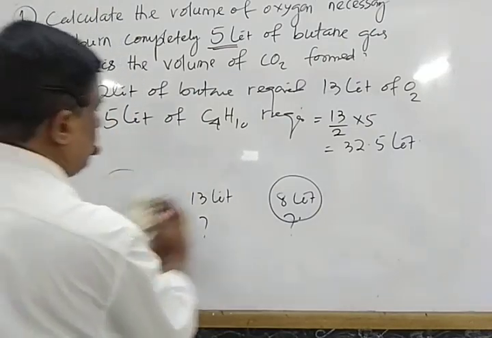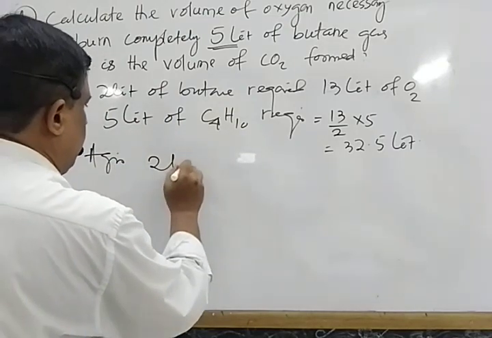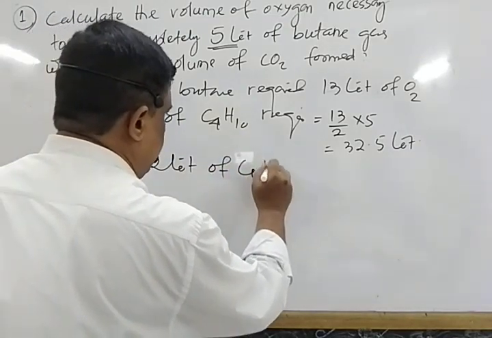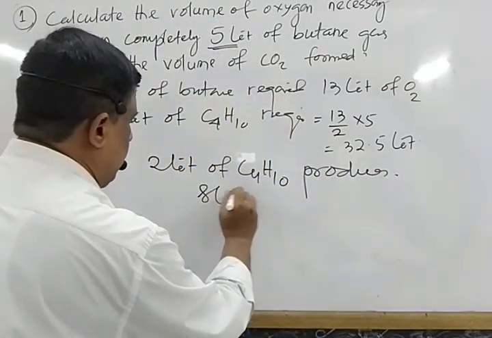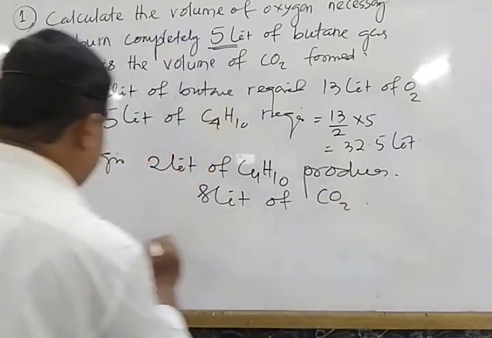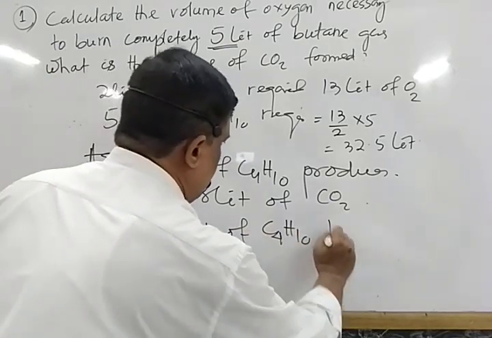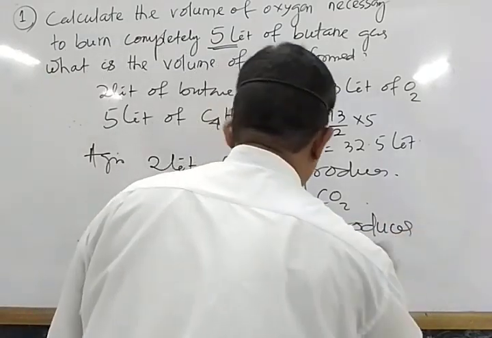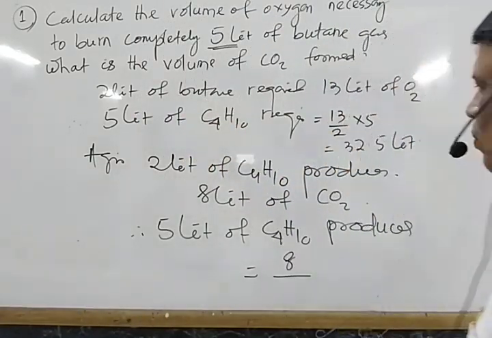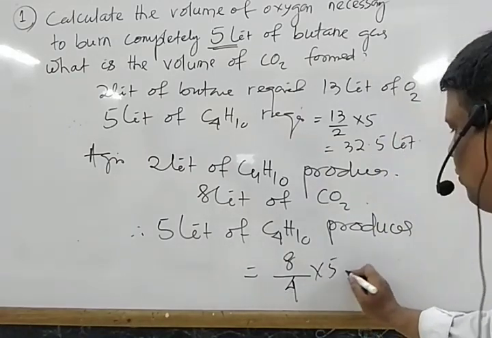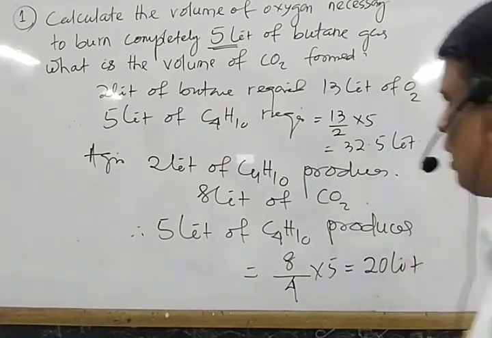2 liter of butane produces 8 liter of carbon dioxide. Therefore, 5 liter of butane produces 8 by 2 into 5, which equals 20 liter of carbon dioxide.